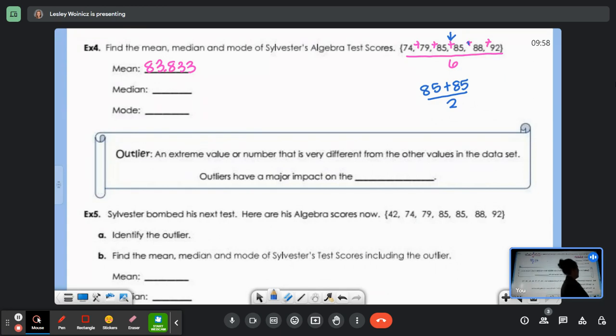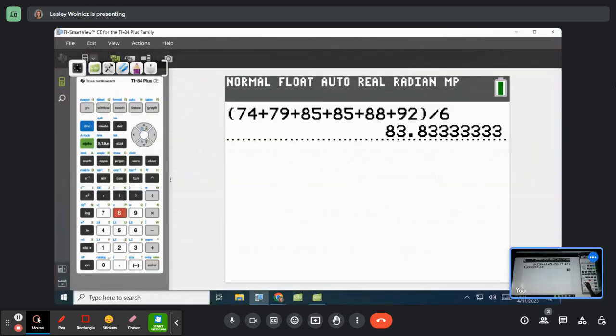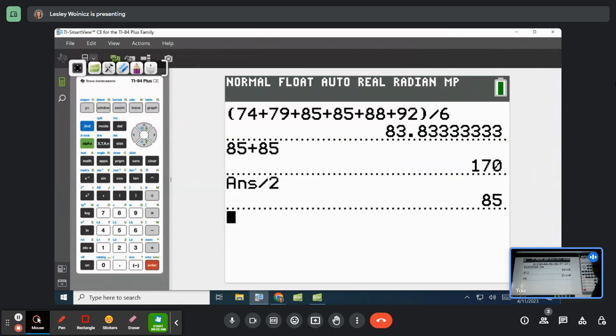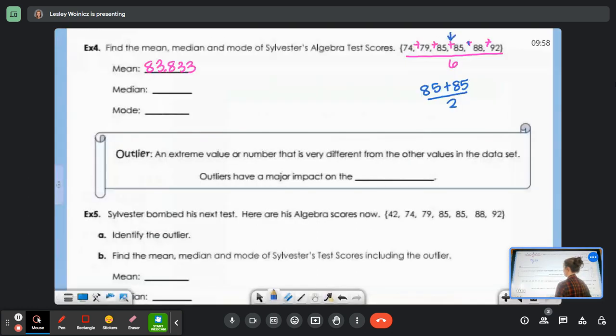So 85 plus 85 divided by 2. Now, hopefully you're not shocked that the average of 85 and 85 is 85, because it is. Okay, the most repeated is also 85. Nothing else repeats. Okay, that was pretty easy.